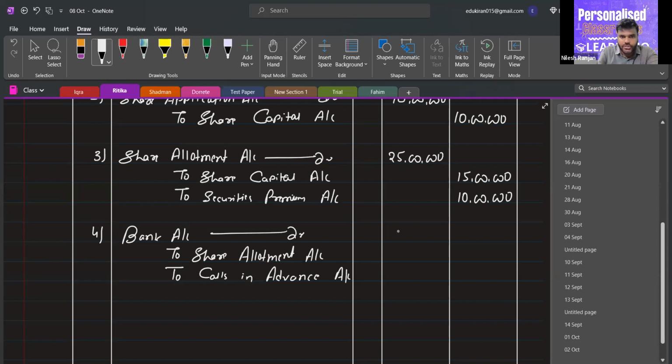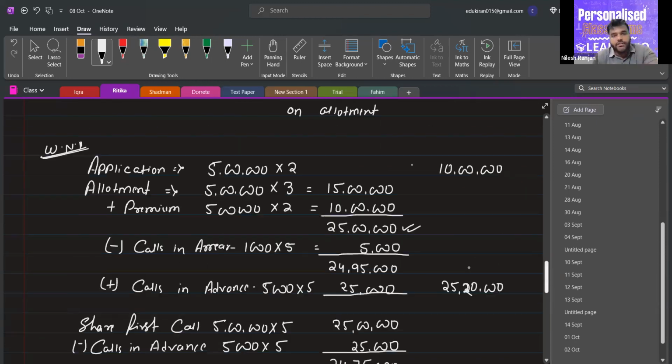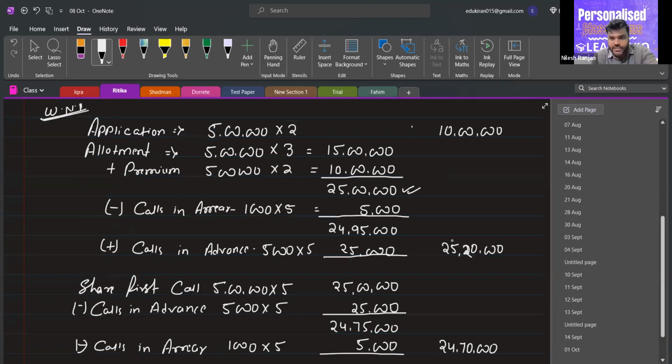So bank account, first of all, we have to see the calculation here. Now it will tell us how much amount we have received. It is 25,20,000. Yes, sir.